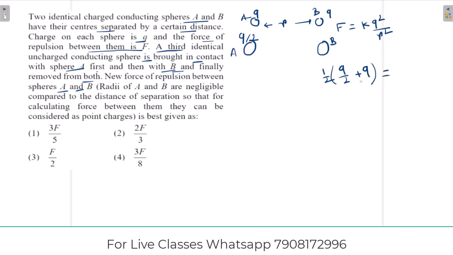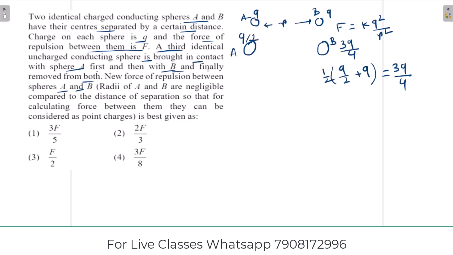So, this becomes Q plus Q by 2, that is 3Q by 2, divided equally, that is 3Q by 4. So, B will get a charge 3Q by 4 and the third sphere will get a charge 3Q by 4.